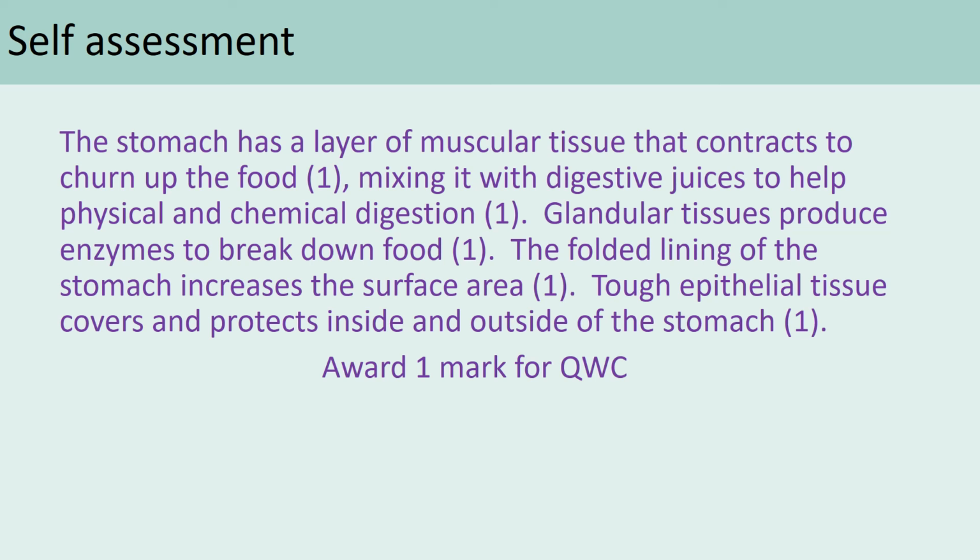You also, as you can see at the bottom, get a mark for the quality of your written communication. So that means that if it is legible and makes sense, kind of like the example above, then you'll be awarded a mark for that. So give yourself a total out of 6. Hopefully we got 6 or near to a 6.